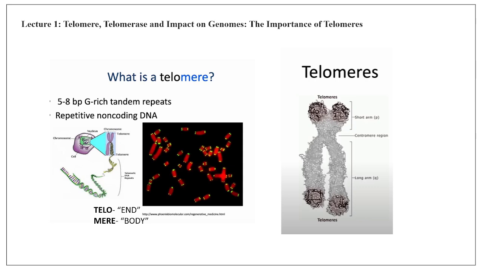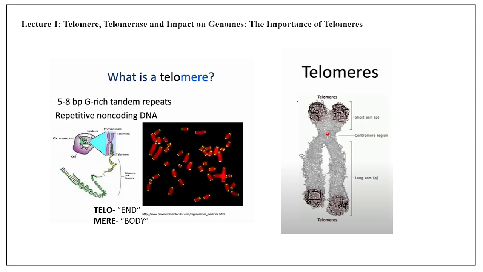So, like I was explaining, if this is your chromosome, this is the centromere, this is the short arm, this is the long arm, and at the ends you have the telomeres. Okay, so what is a telomere? It is actually 5 to 8 base pair G-rich tandem repeats, and basically these are repetitive non-coding DNA. Telo means end, mere means body.